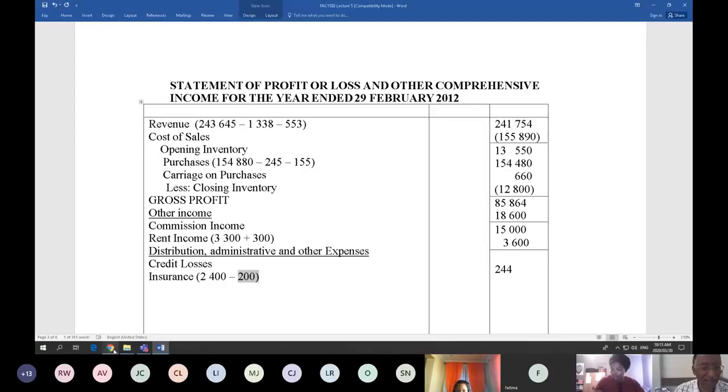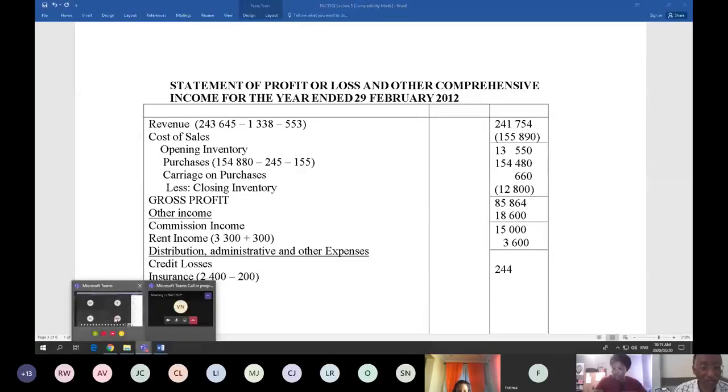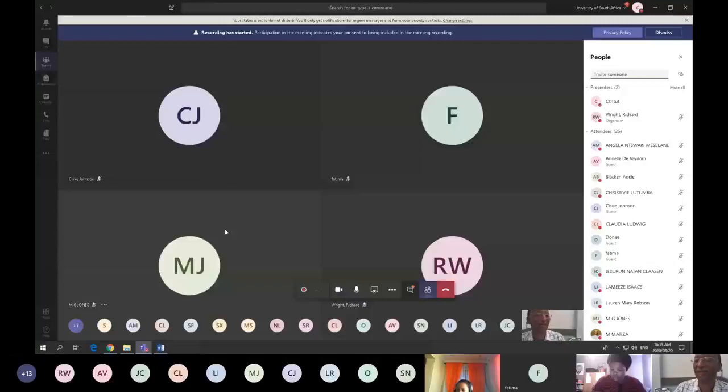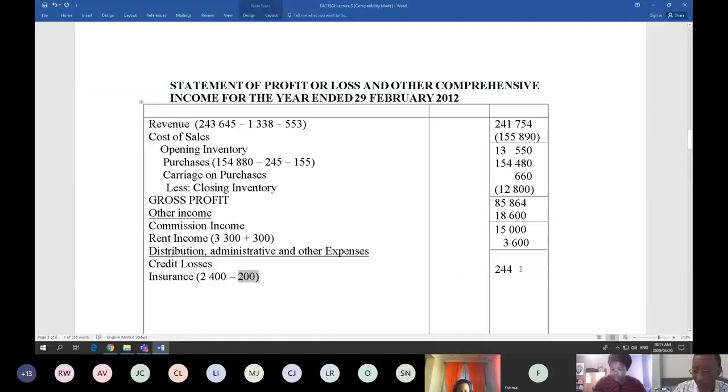We classified that when we did the adjustment, we called that prepaid expenses. So even though we paid 2,400 Rand, 200 Rand of that is for the next financial year. And our expense for the current financial year is therefore only 2,200 Rand. That is our expense for insurance.